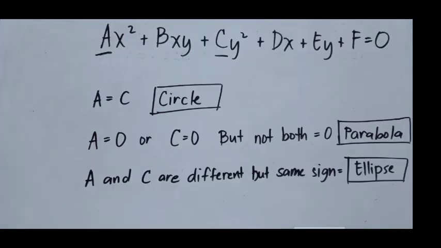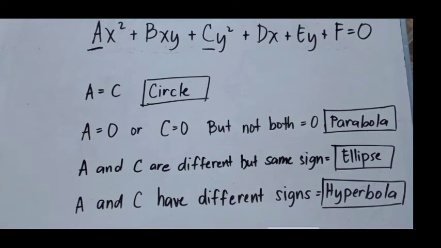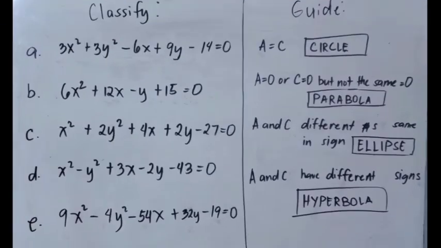If a and c have different coefficients but the same in sign, meaning they are both positive or negative, then that equation forms an ellipse. And if a and c have different signs, meaning one of them is positive and the other is negative, then that equation forms a hyperbola.